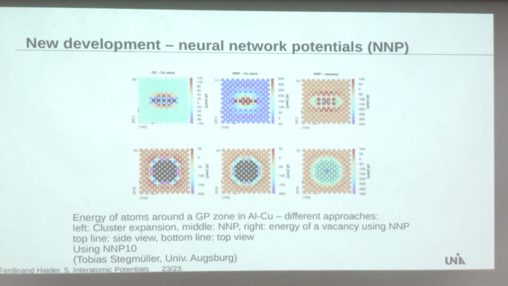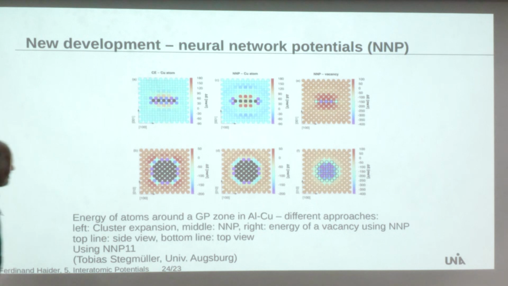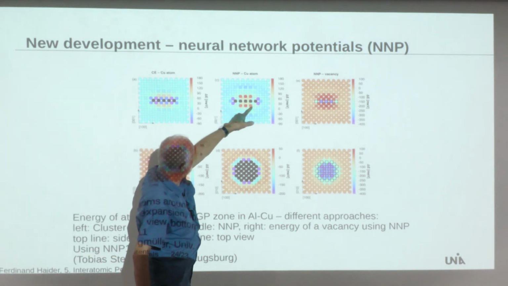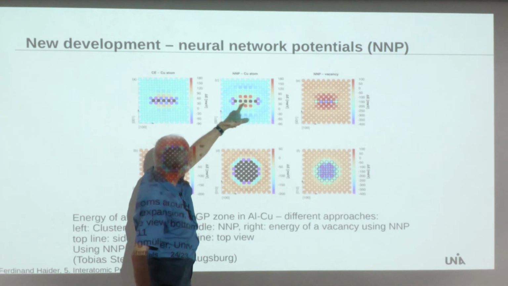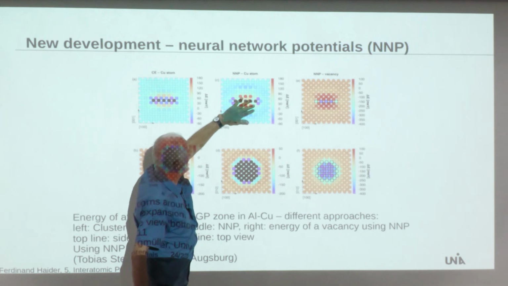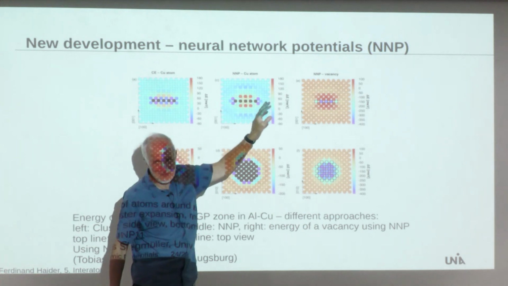This was with this potential NNP10, and the same or similar result we tried with the NNP11, which was the one I also showed in these slides, which seems to be a bit better. And the nice thing is that there is a zone on top of the Guinier-Preston zone, which seems to be forbidden for further copper atoms.